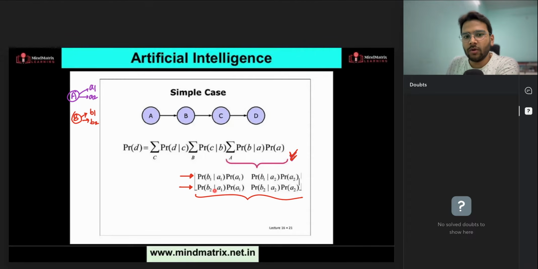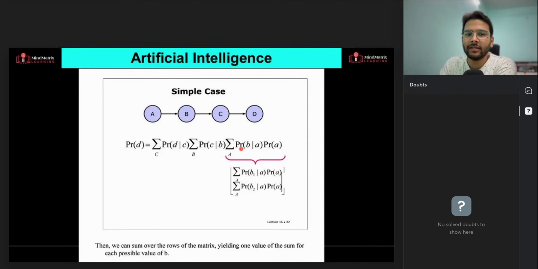And for the second row, we have taken the value of B as B2. So I can write the first row entirely as summation of probability of B given A1 into probability of A1. Can I write it like this?